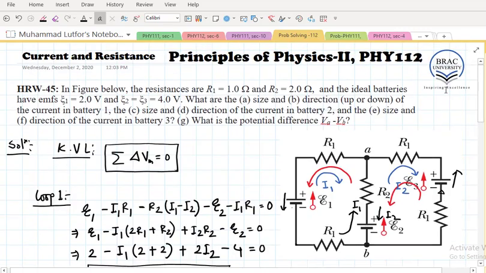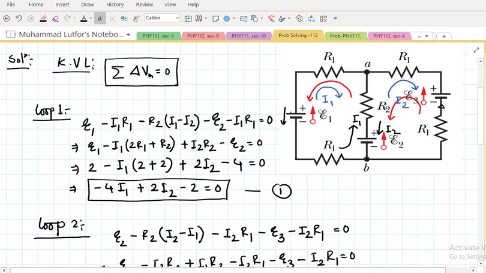Now for question number G, I have to find the potential difference between the points A and B. To find it, I can go through any branch.